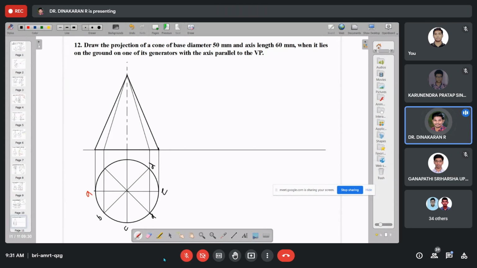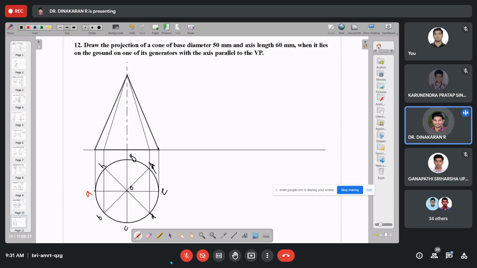Then where is it resting? On the ground. Okay, it lies on the ground on one of its generators, with the axis parallel to the VP. So draw the projection of the cone.